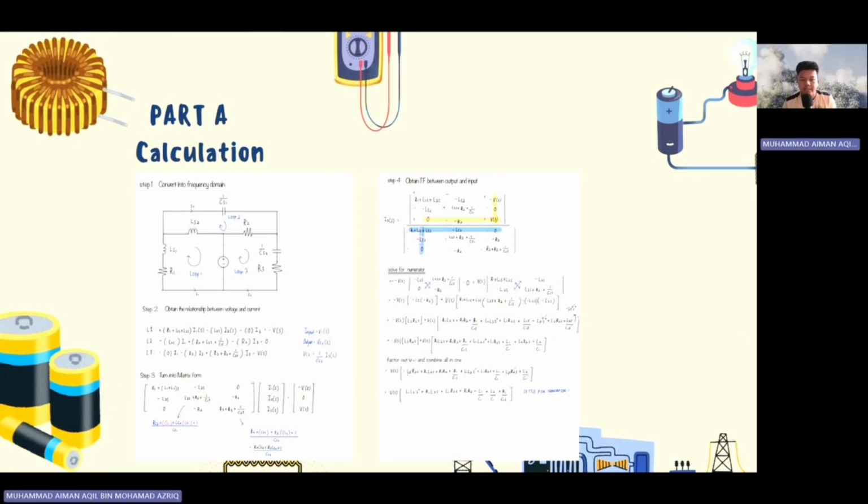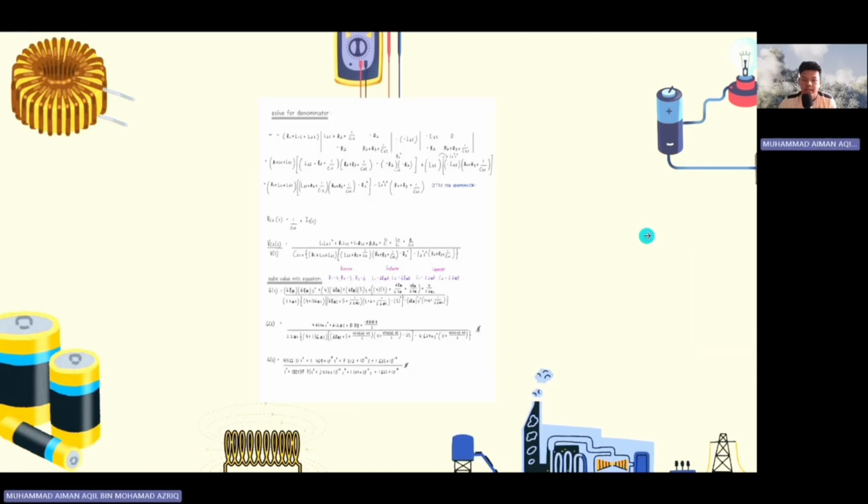Then we separate the matrix calculation into two sections, numerator and denominator, and perform the cross multiplication operation algebraically. Once we obtain the current I3, we multiply it by the impedance of the second capacitor, which is 1 over C2s, to get the general formula for the output voltage.